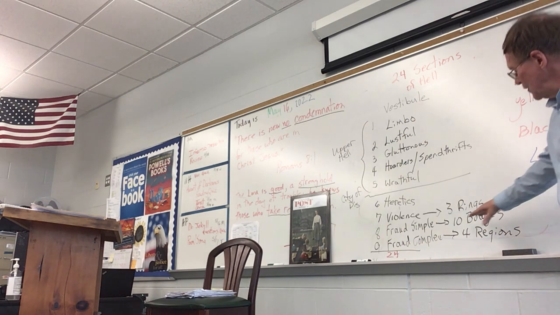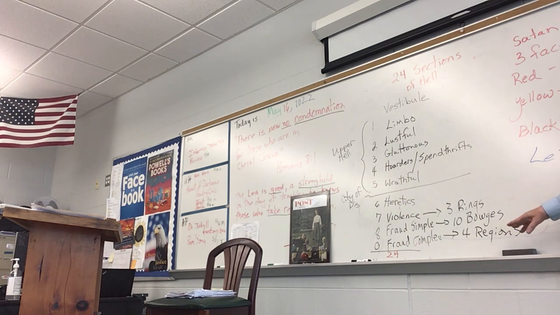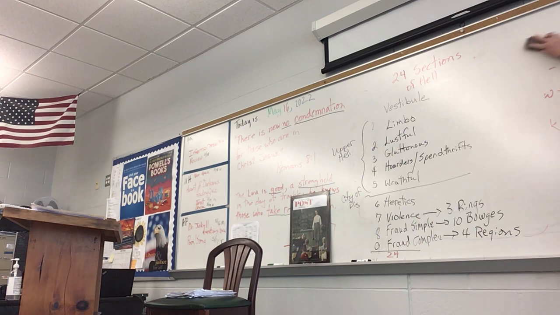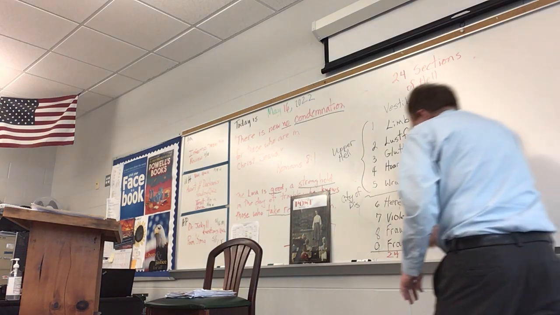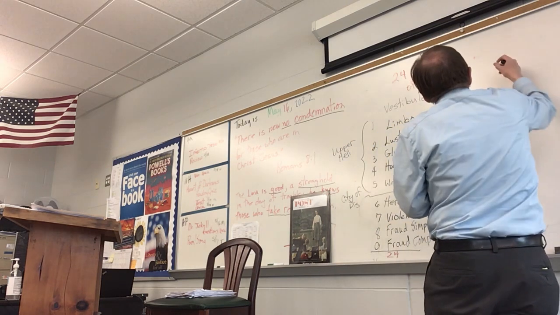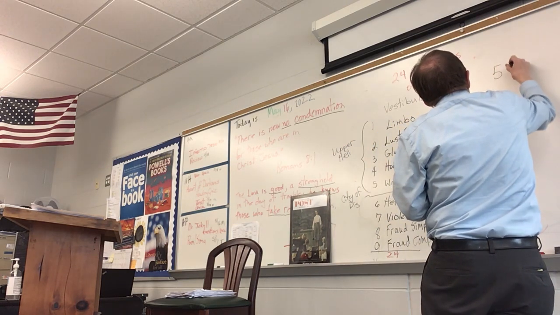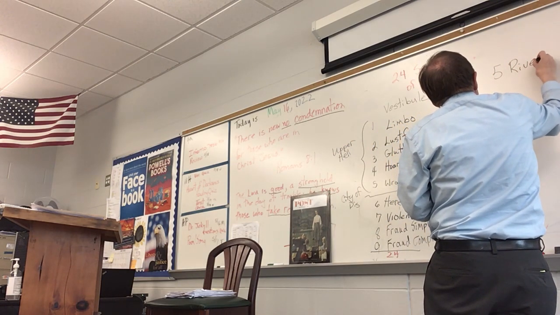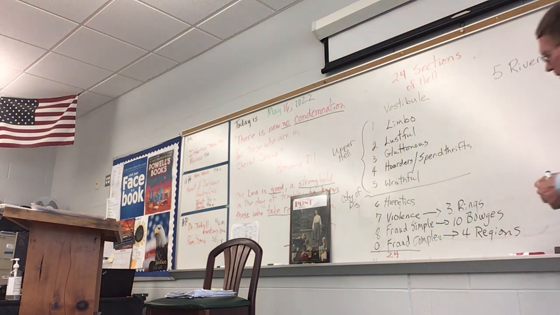You don't need to know the gouges, you just need to know what they are. You don't need to know the regions, you just need to know what they are. At the end, I'm going to erase this. Remember, you don't need to know the names of the 4 regions, you just need to know that in Circle 9 there are 4 regions.